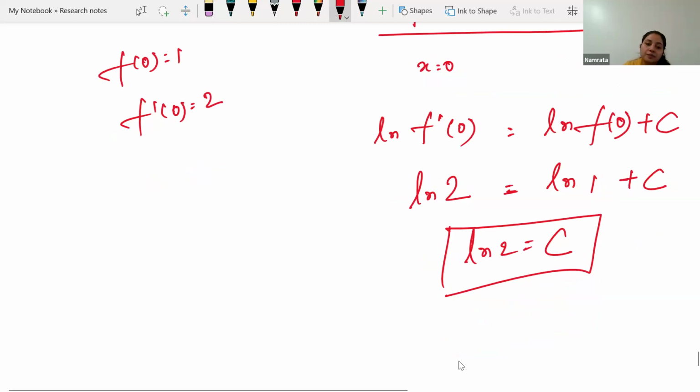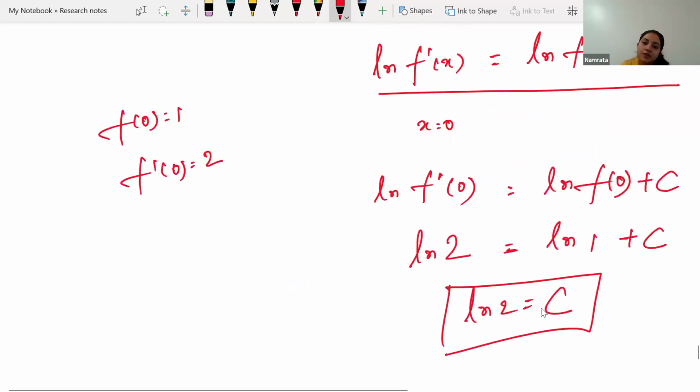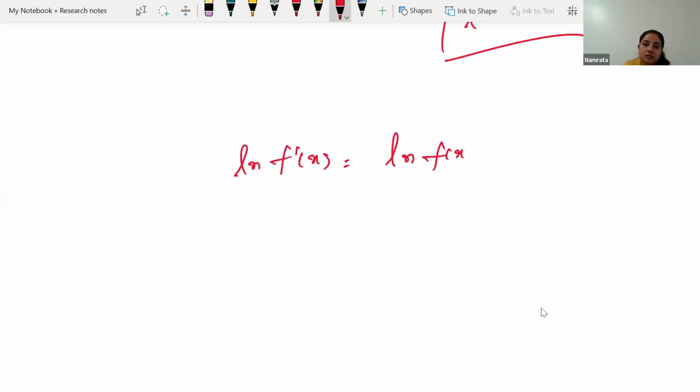So we have ln f dash x is equal to ln f of x plus c, and we have got ln 2. If we take this side, we can write it as the logarithm of 2 into f of x.